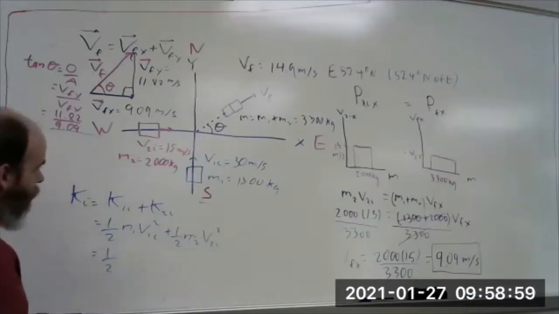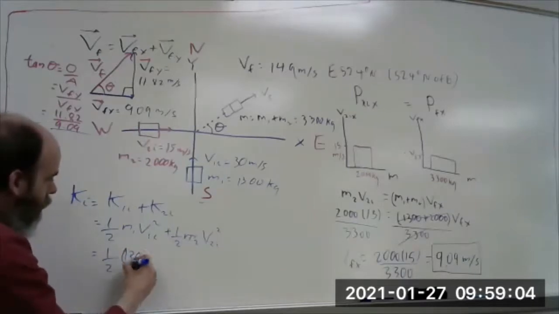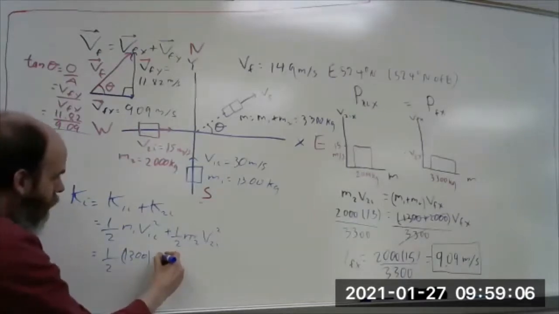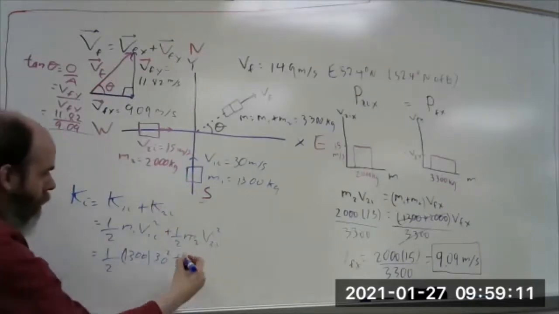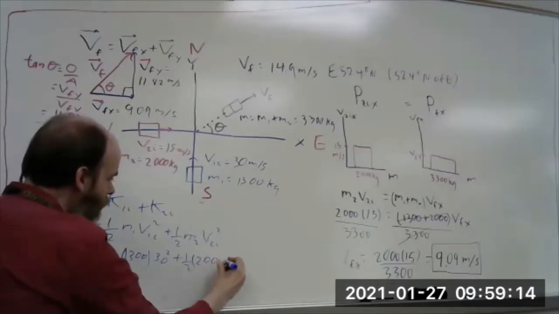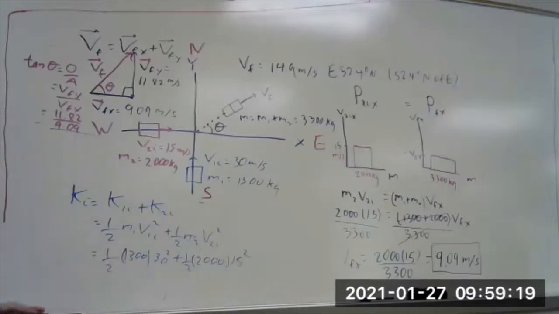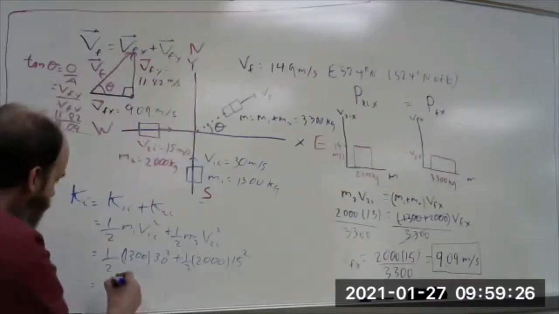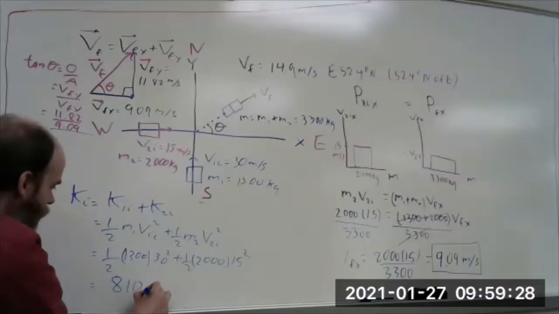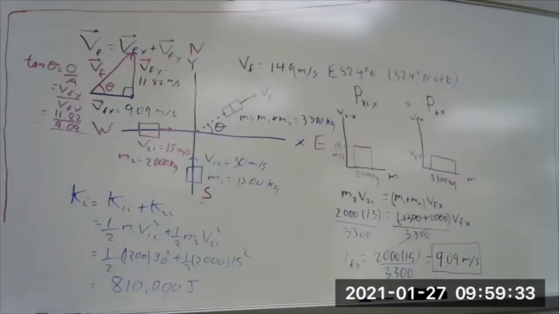So it's 1/2 times 1,300 kilograms times 30 squared, plus 1/2 times 2,000 kilograms times 15 squared. Now you work that out, and you should get 810,000 joules. So that's the initial energy.